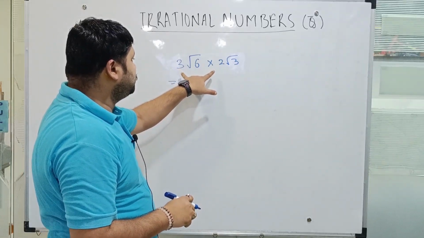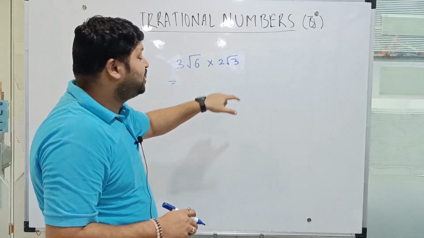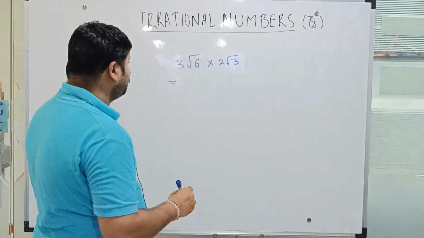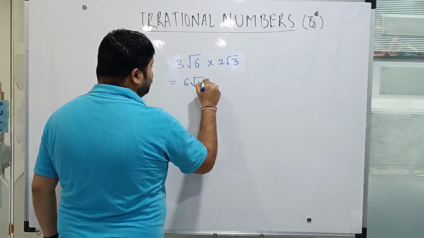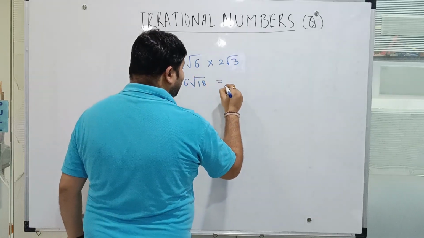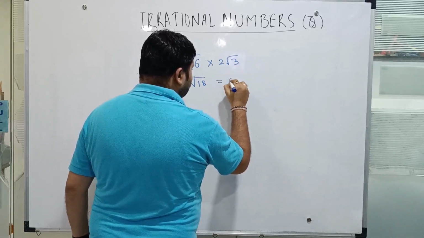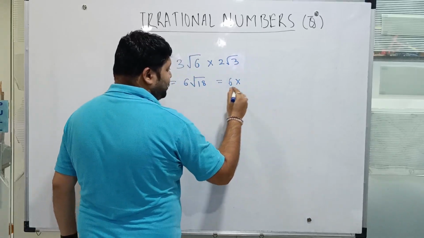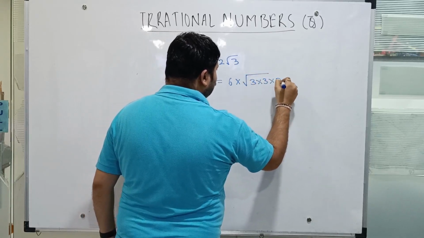Whatever is outside the root sign gets multiplied separately, and whatever is inside the root sign gets multiplied separately. So I can write it as 6 root 18. However, 18 I can simplify and write it as 6 multiplied by 3 multiplied by 3 multiplied by 2.